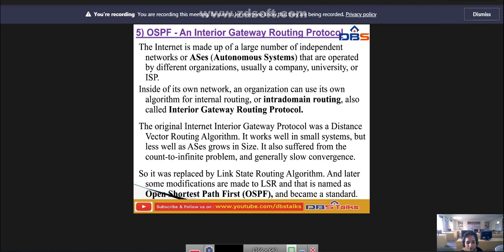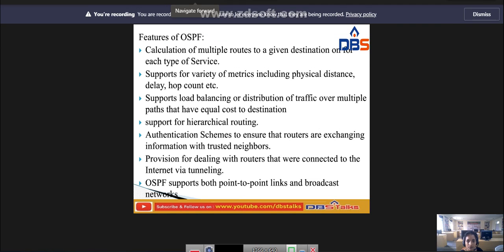So, we have some features of OSPF. It calculates multiple routes to a given destination for each type of service, and supports a variety of metrics including physical distance, delay, hop count, etc. It supports load balancing, the distribution of traffic over multiple paths that have equal cost to the destination. It supports hierarchical routing.